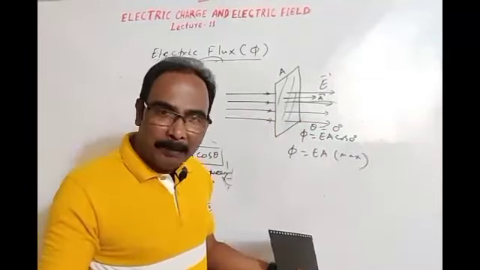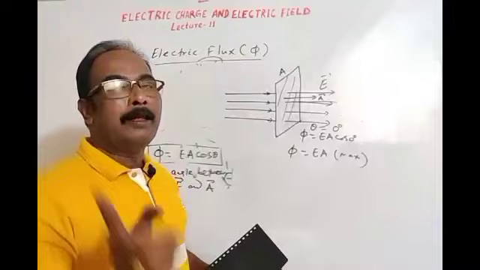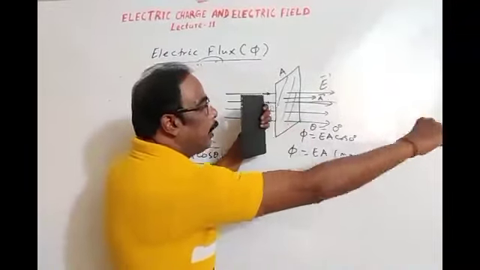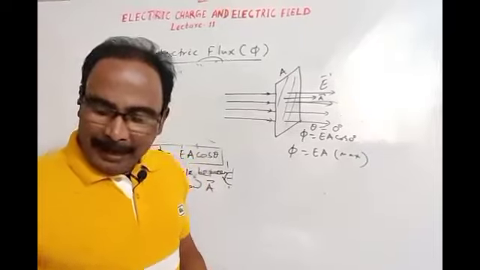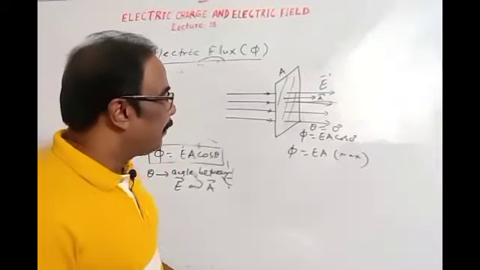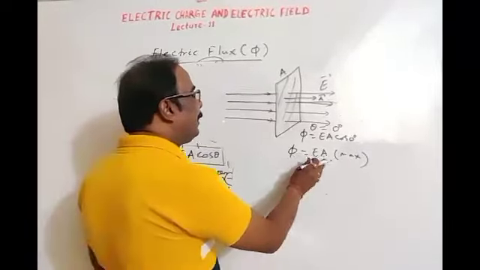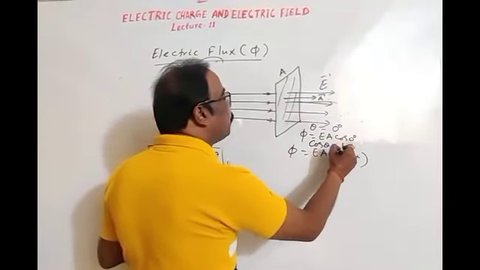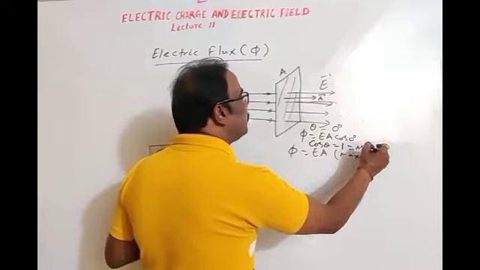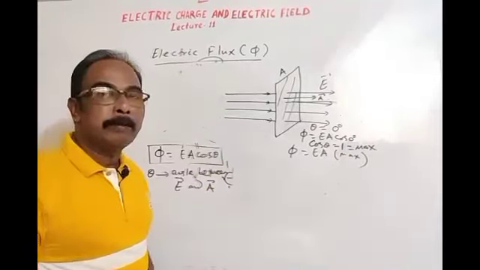So both are in the same direction. We may take theta as either 0 degrees or 180 degrees. Generally the outward direction is convenient for us. Since cos theta is 1 here, cos theta is maximum, so flux is maximum.